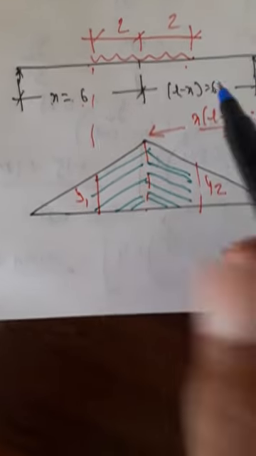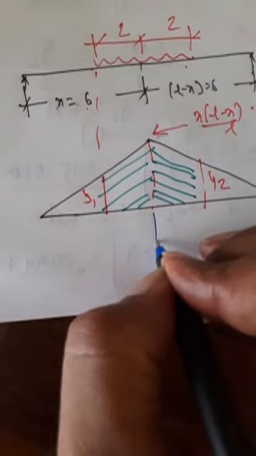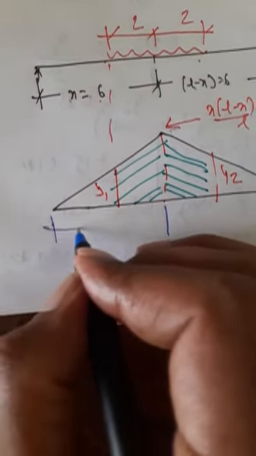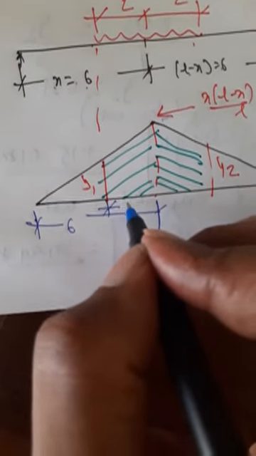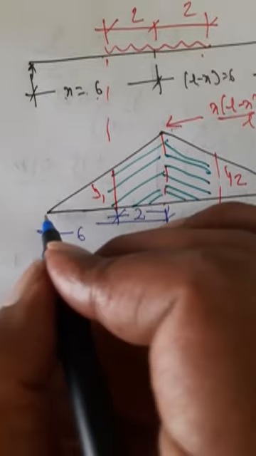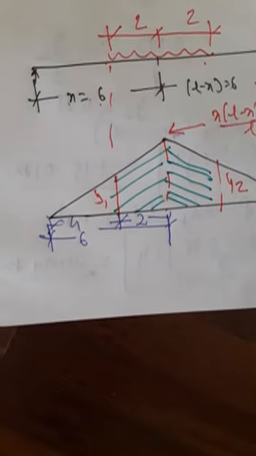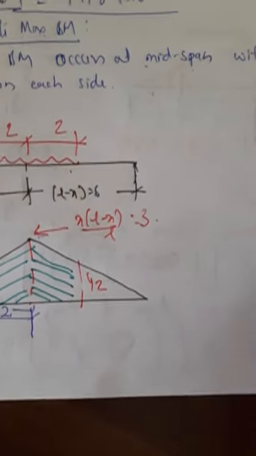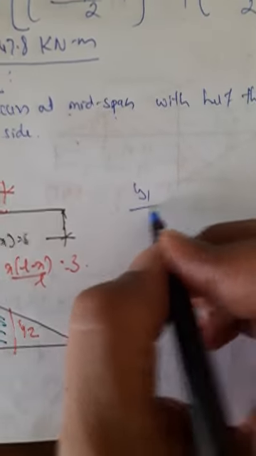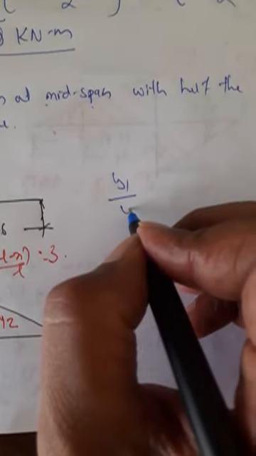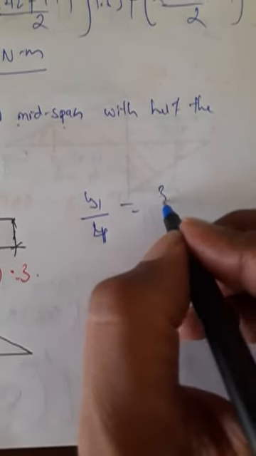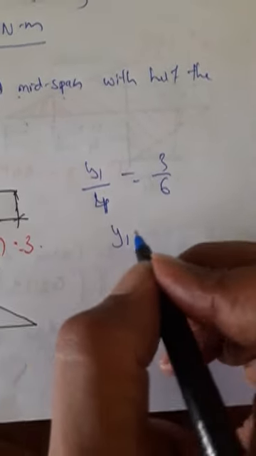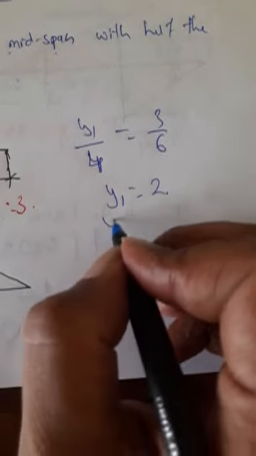Mark the distances. This overall is 6. From here to here this is 2. So this remaining is 4. First find y1 and y2. y1 divided by 4 is equal to 3 divided by 6, or y1 is equal to 2. Similarly, y2 is equal to 2.